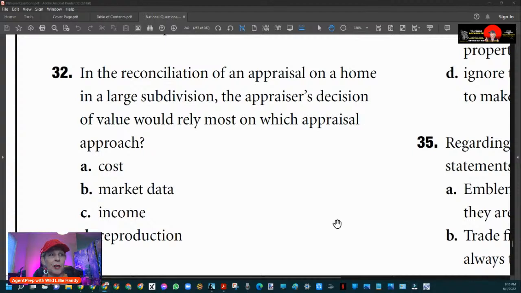After they do all their examination, photos, and research, they may edit it to create a final report. Is it A, cost, B, market data, C, income, or D, reproduction?